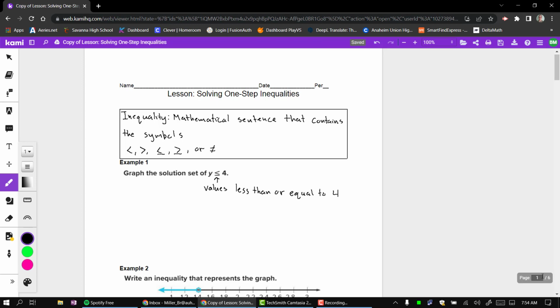And when we have this, 4 is included in there. That's what the or equals to means. So that would be a closed circle or a dot. If it was just less than, then we would have an open circle.